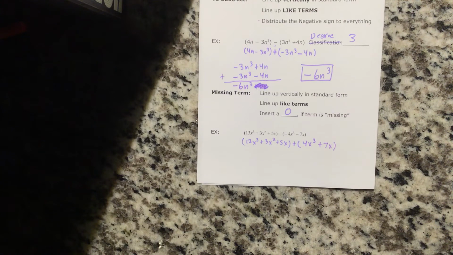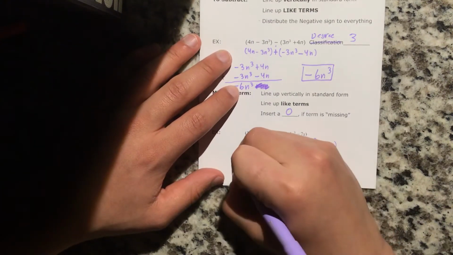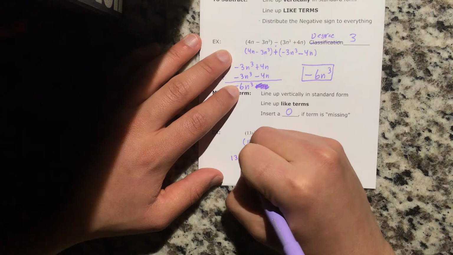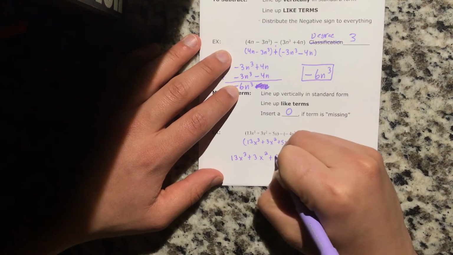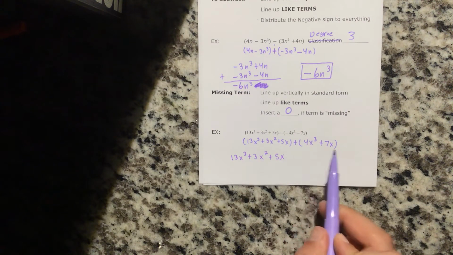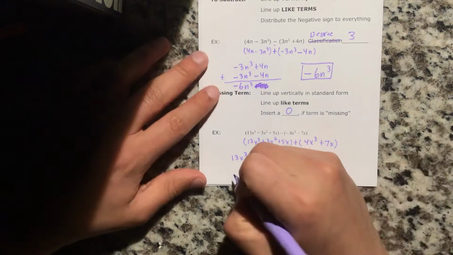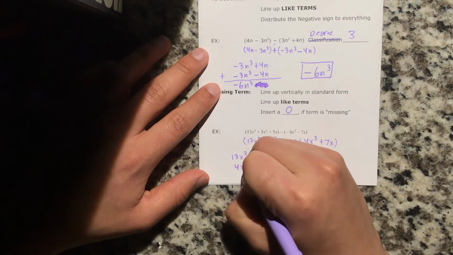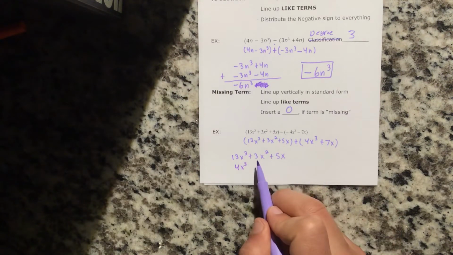Okay? So now what we want to do is line it up and add. Let me rewrite my first polynomial so I can give it some space. So I have 13x cubed plus 3x squared plus 5x, okay? Now I'm going to line up my second polynomial with like terms. You're going to catch on pretty quick what's going to happen. If I put on 4x cubed, you might think, oh, I can just put 7x right here.